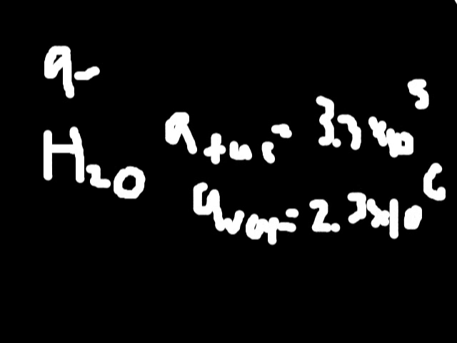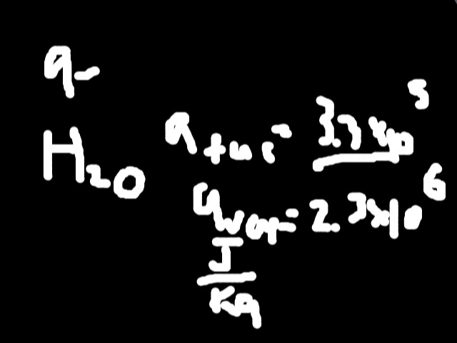The units for latent heat are joules per kilogram, because that tells us how many joules of heat you have to add or remove to change the phase.